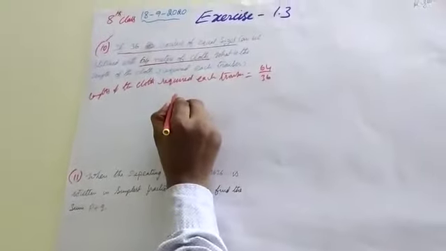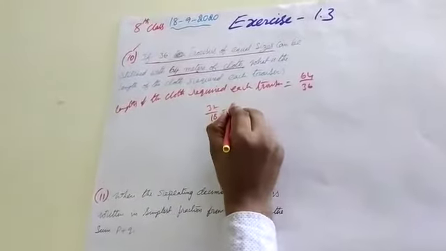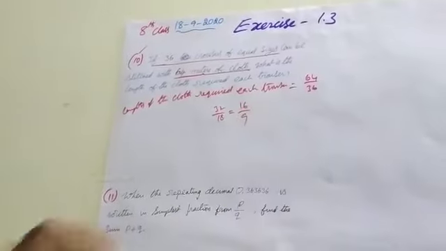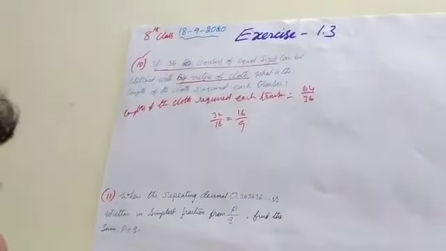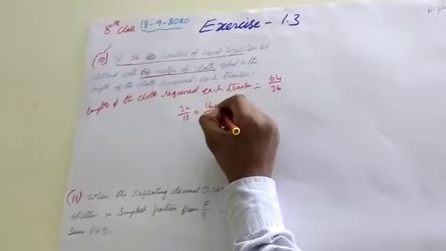See, both are even numbers. Therefore 32 divided by 18, also both are even numbers. Therefore 16 by 9. Now the numerator is an even number, the denominator is an odd number. Finally it is 16 by 9.